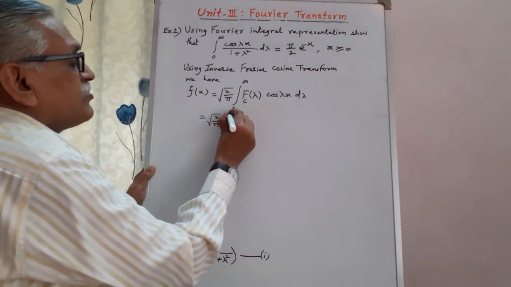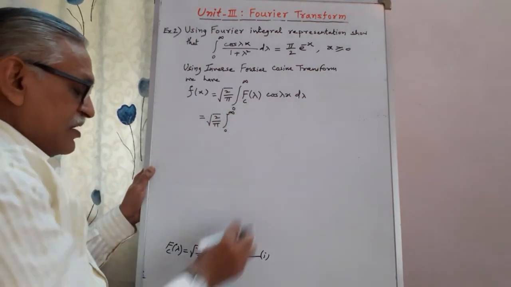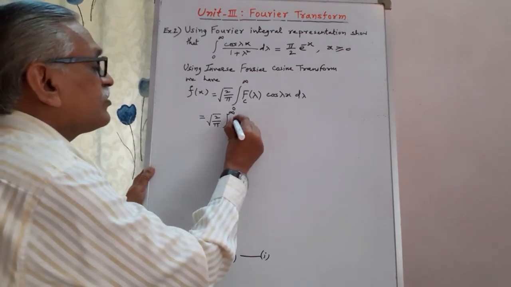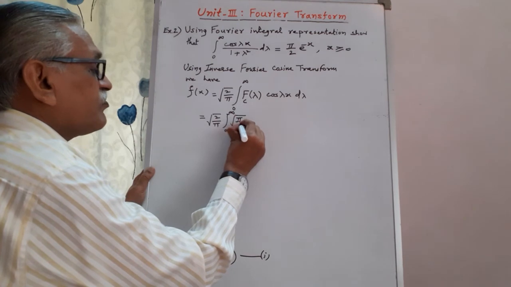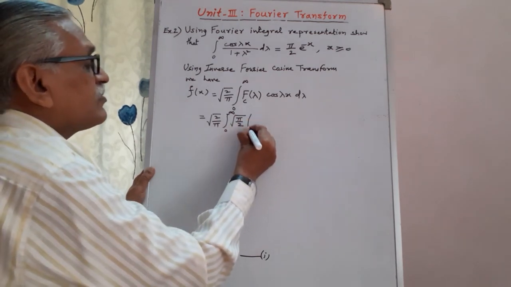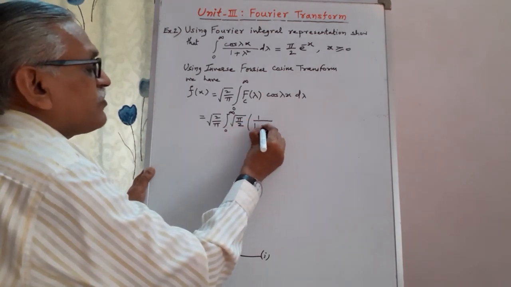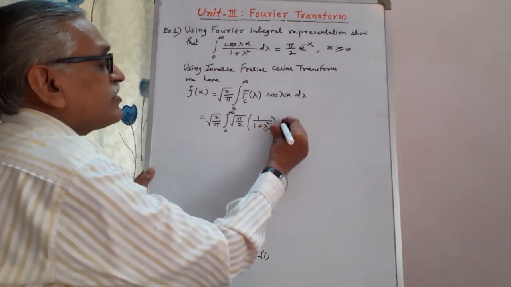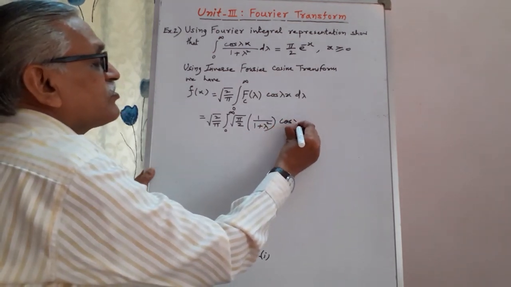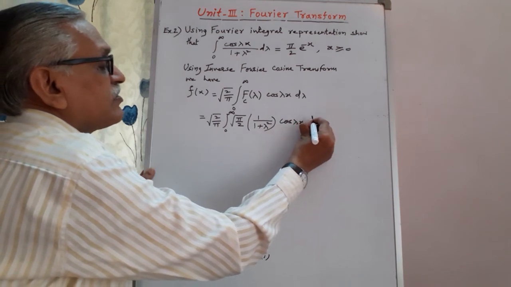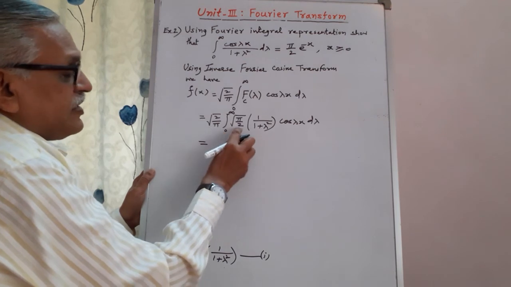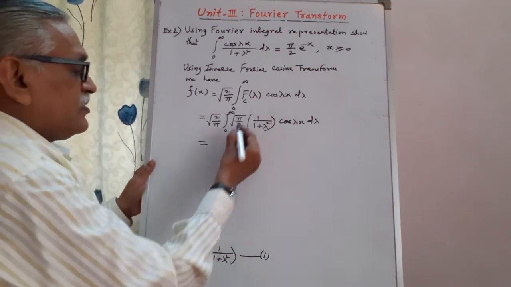Therefore it is root 2 by pi integration from 0 to infinity fc lambda from equation 1. That value is root of pi by 2 into 1 upon 1 plus lambda square multiplied by cos of lambda x d lambda, and root 2 by pi cancels with root of pi by 2.